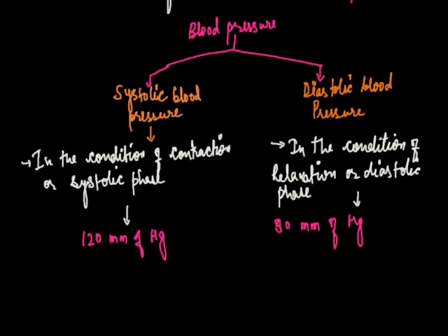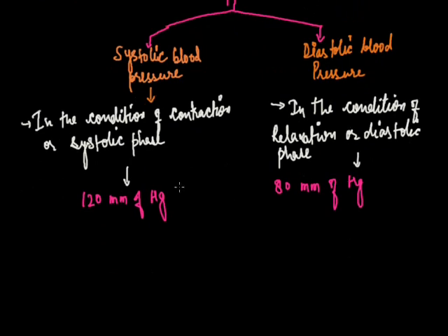So systolic blood pressure is the pressure at contraction time, 120 mm of Hg, and diastolic blood pressure is the pressure at the diastolic phase or relaxation time, 80 mm of Hg. In a normal person, blood pressure should be 120 by 80 mm of Hg.